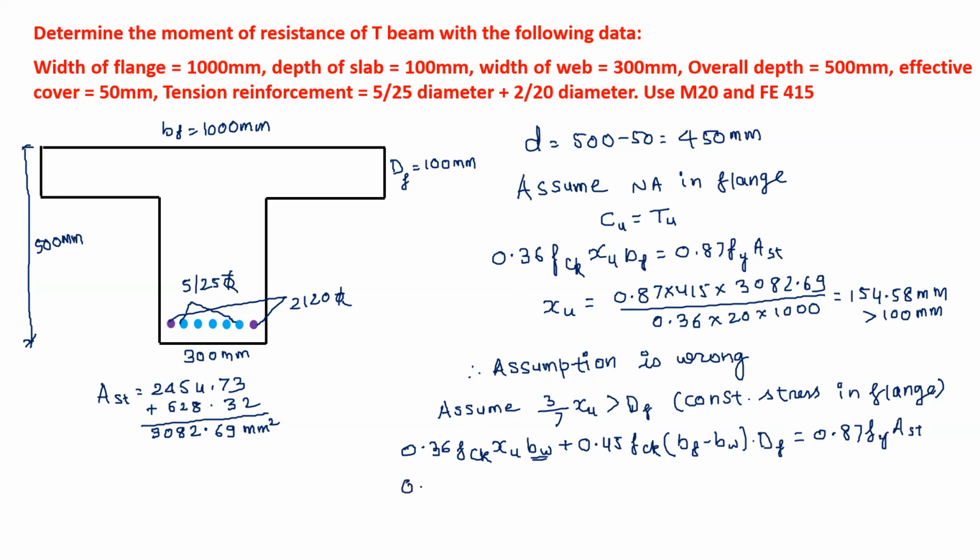Now we have 0.36 FCK 20 XU, BW is 300, plus 0.45 FCK is 20 into 1000 BF minus BW 300 into DF 100, and that is equal to 1113 into 10 raised to 3.